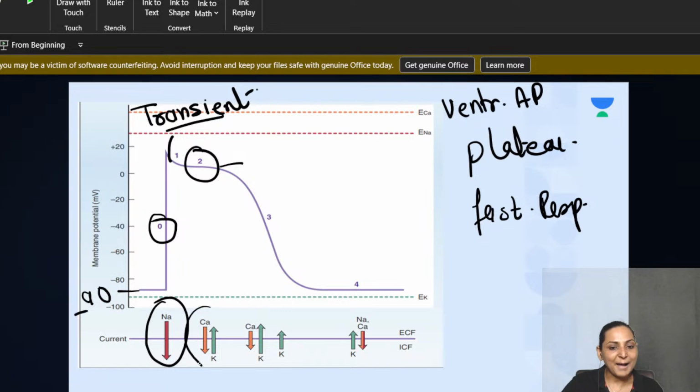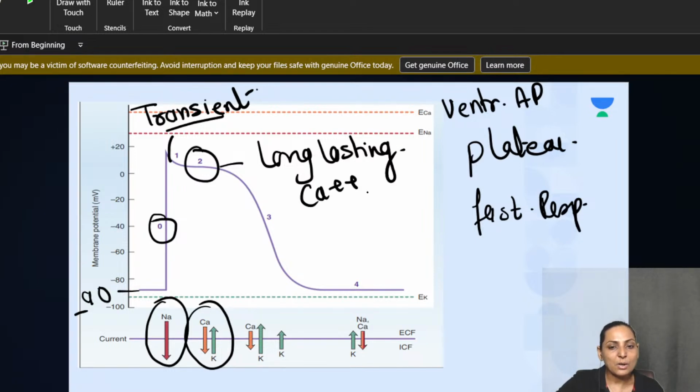This plateau balances the calcium influx with the potassium efflux. These are long lasting calcium channels, or slow type of calcium channels, which are causing the influx of the calcium, and this calcium which is coming during the action potential is also opening the calcium channels inside to release more calcium for contraction.